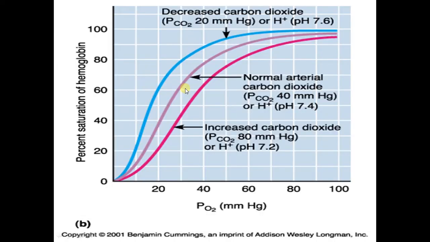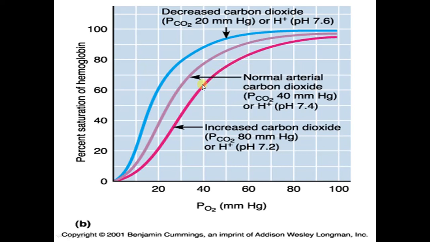Now look at this diagram. This is the normal oxygen hemoglobin dissociation curve, this purple one in the center. Now this pink curve shows the shift of the curve to the right side.